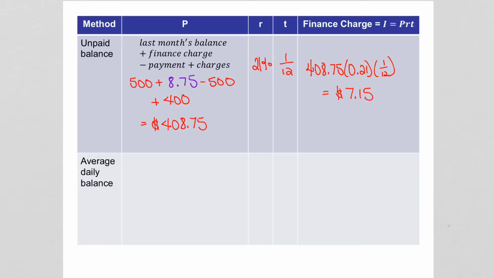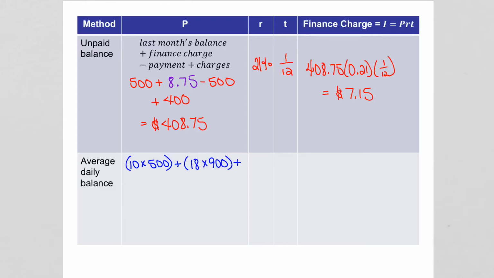So your average daily balance will be, it says on May 11th, you pay for a $400 car repair. So for those first 10 days, your balance is $500. Then after that, your balance is going to be $900. And that is until May 29th when you make a payment.